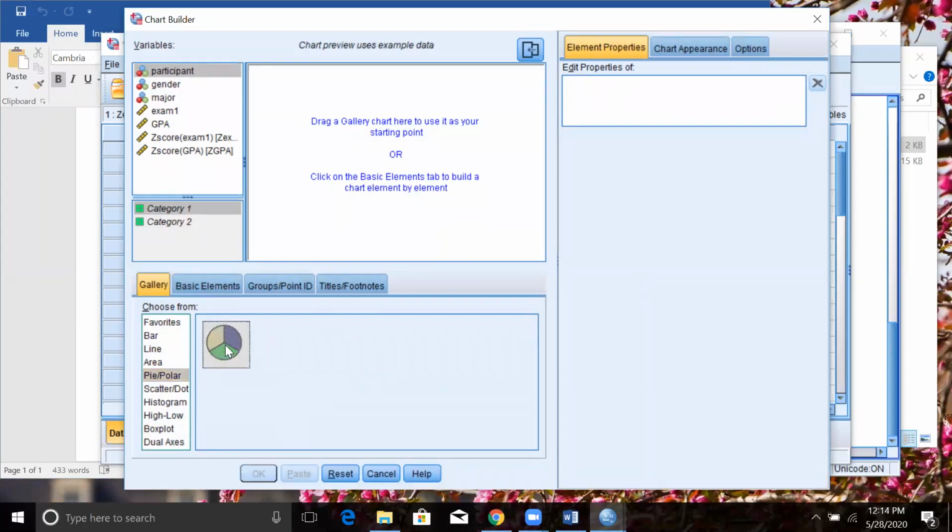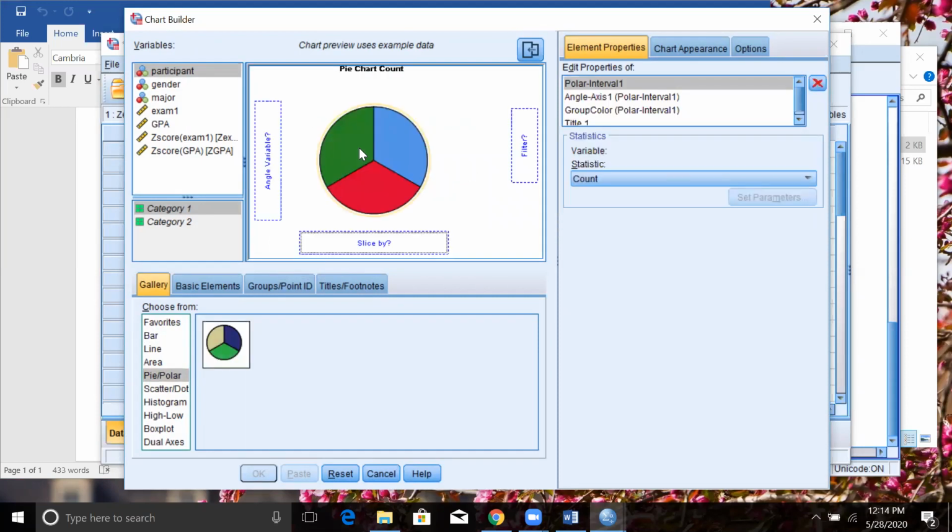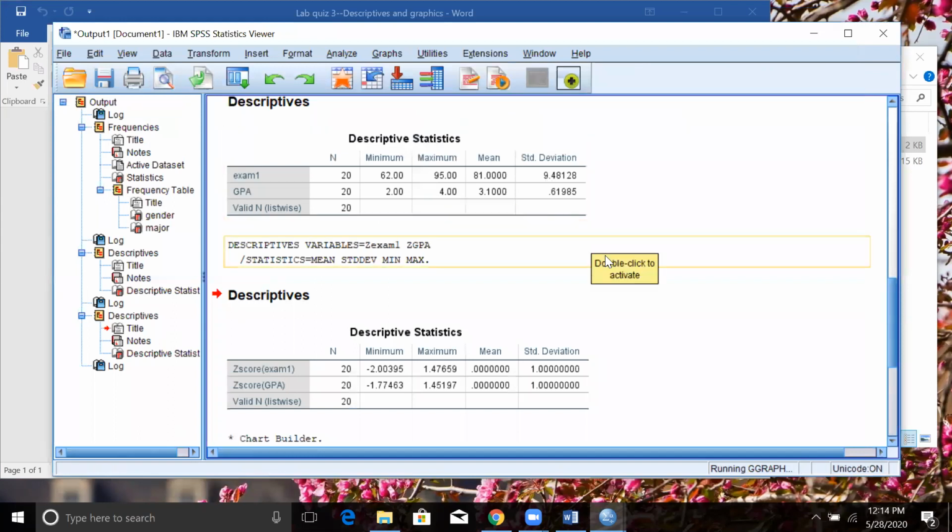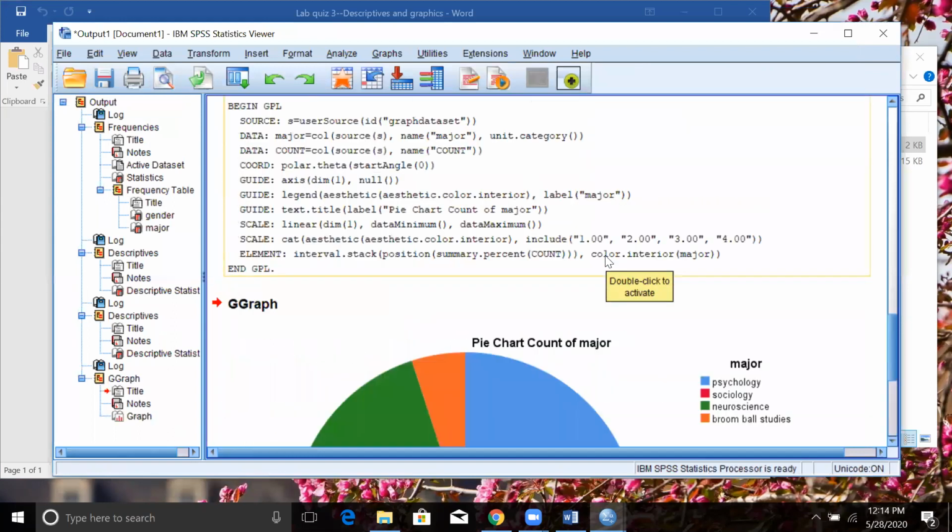You're going to click and drag that choice up here into the gallery, and then drag the variable in question down here. This is just a preview. That's not actually what your chart looks like. You need to hit OK to actually see the finalized chart.